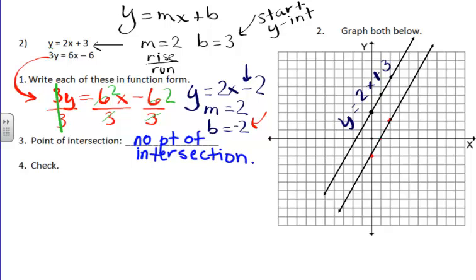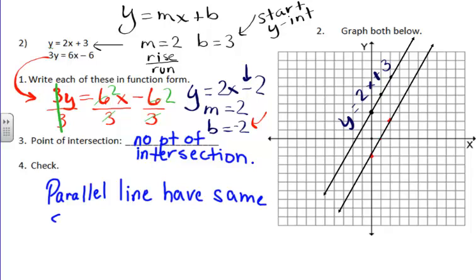Why? Parallel lines have the same slope, and they will never intersect. Three dots means therefore they, being the lines, will never intersect.